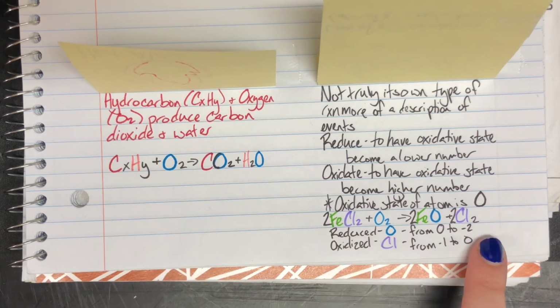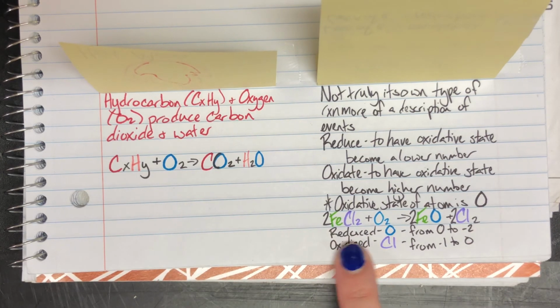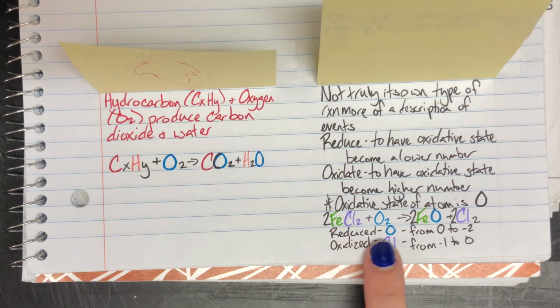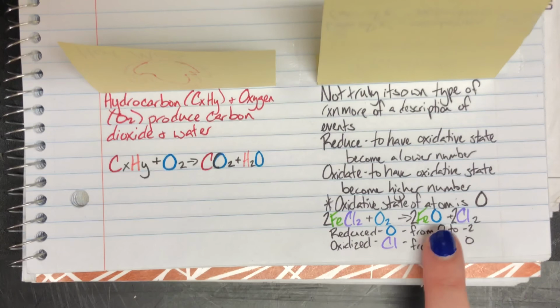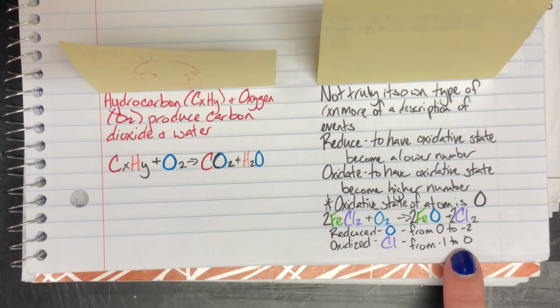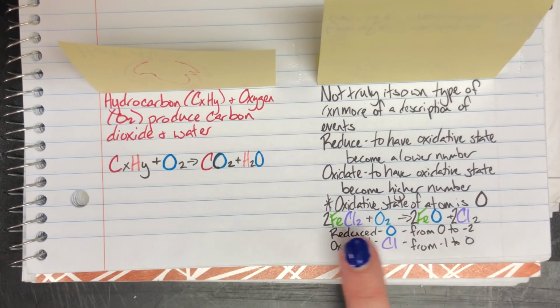Now here we have a reaction. We have iron, which is bonded to chlorine, plus a diatomic oxygen, going to iron bonded with oxygen and a diatomic chlorine. Now, iron did not change its environment at all. It has a positive 2 charge on both the reactants and the product side, and so iron was not oxidized nor reduced.